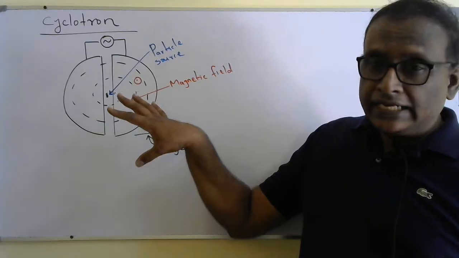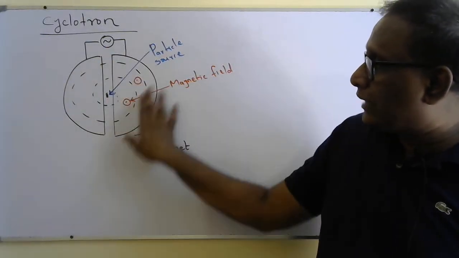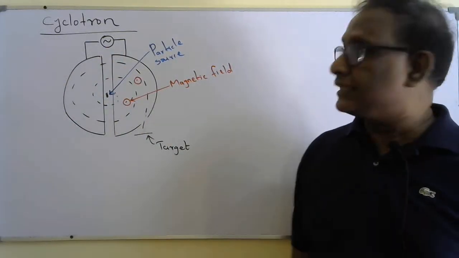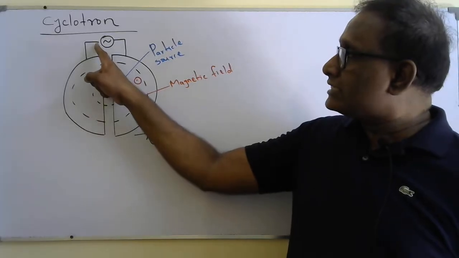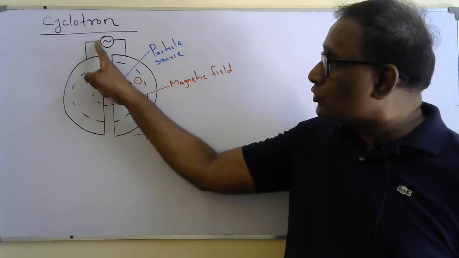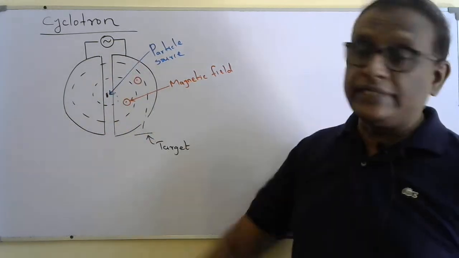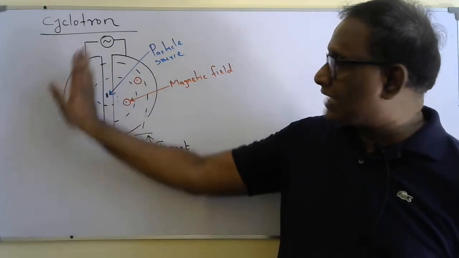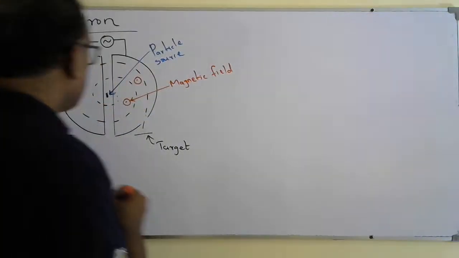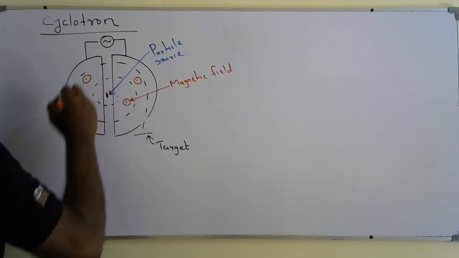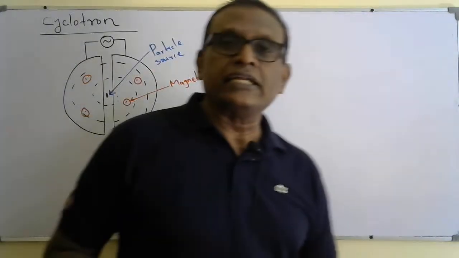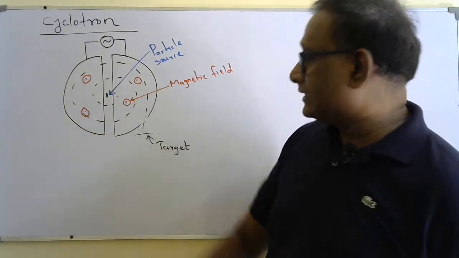A magnetic field is applied perpendicular to the plane of the D-shaped cylinders. A high frequency AC source is used to create an electric field only in the gap between the two D-shaped cylinders, but the magnetic field is applied everywhere over the D-shaped cylinders. The particle source is kept at the center.